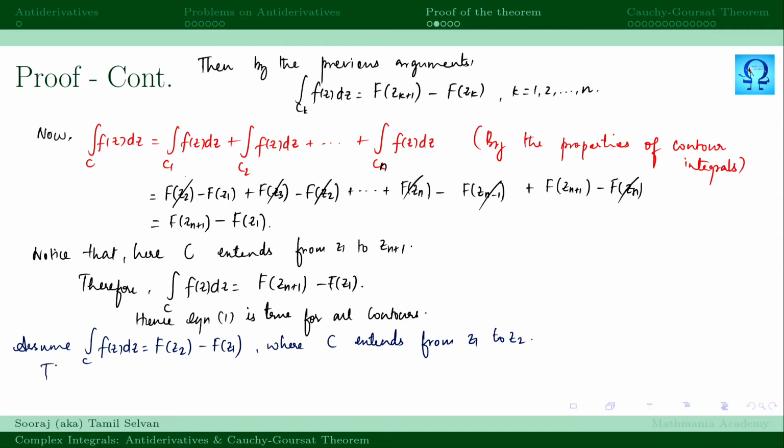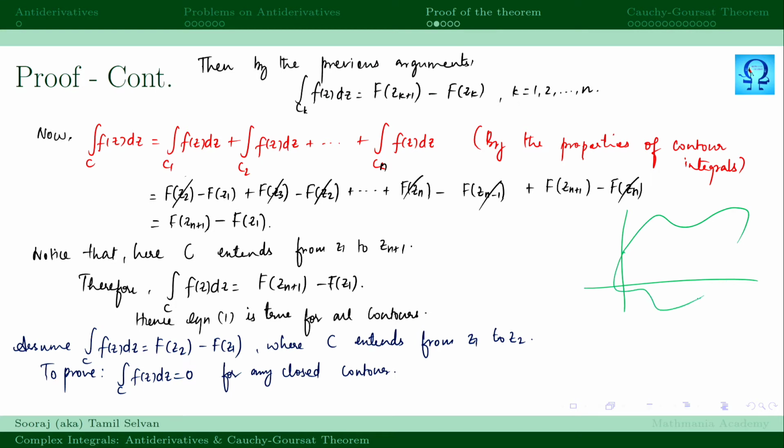Now what is our claim, or what are we trying to prove? We are trying to prove the integral over C of f(z) dz is 0 for any closed contour. For this you can consider the following. Supposing you have some domain like this, inside the domain you have the point z_1 and the point z_2.